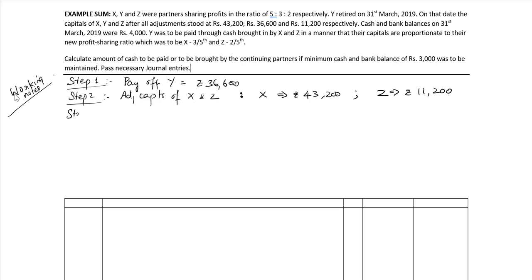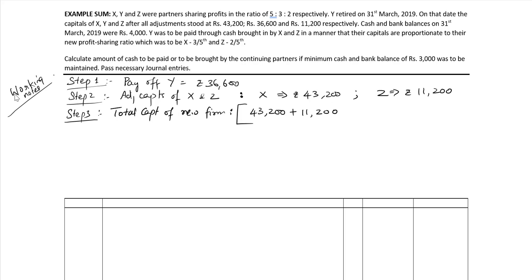Step 3 is to get the total capital of the new firm. We'll add up the adjusted capitals of the continuing partners, 43,200 plus 11,200.